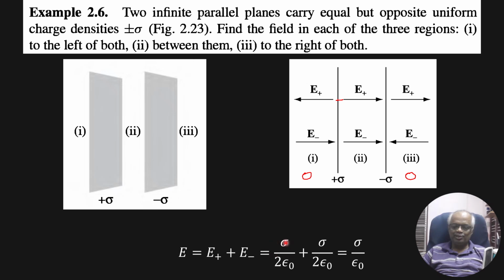We got just now in the previous section sigma over 2 epsilon naught due to the positive plate. Then due to the negative plate, another sigma over 2 epsilon naught. So the total field will be sigma over epsilon naught. That is in between the plates.